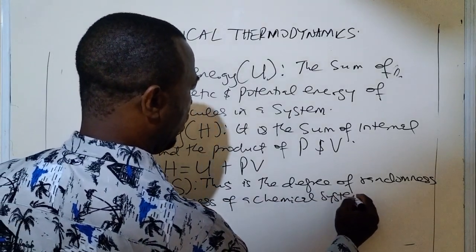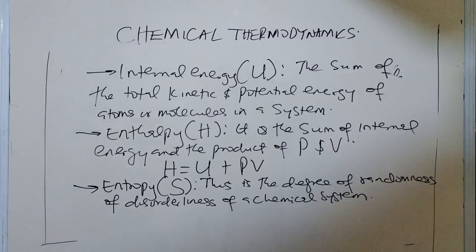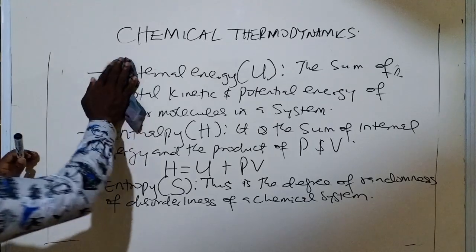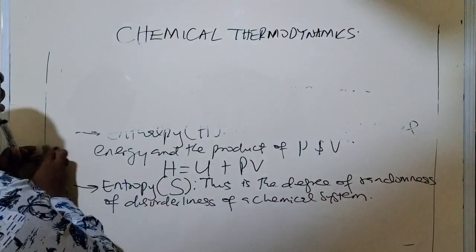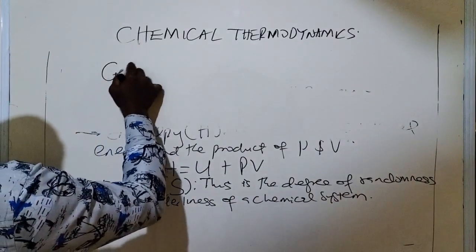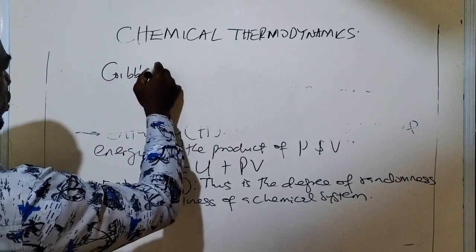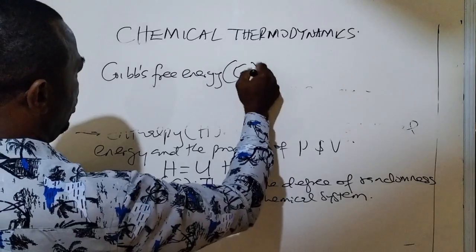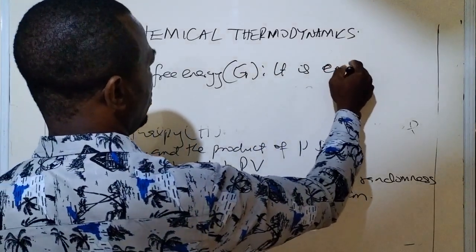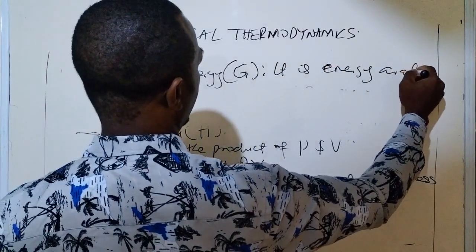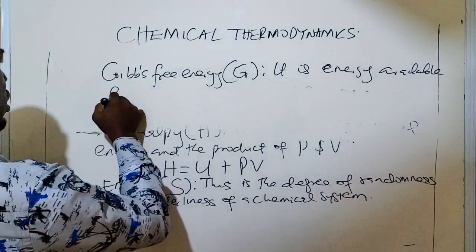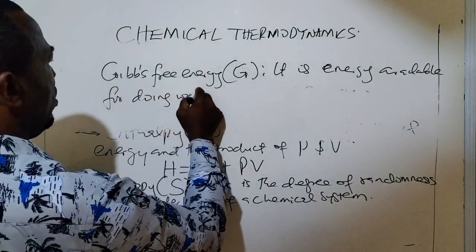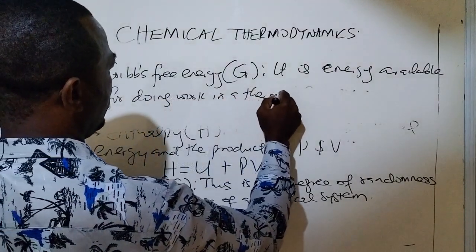So how random or how disordered a chemical system is is known as the entropy, symbol S. And the fourth factor is what we call the Gibbs free energy, G, discovered by a man called Gibbs. The symbol is capital G. It is the energy available for doing work in a thermodynamic system.